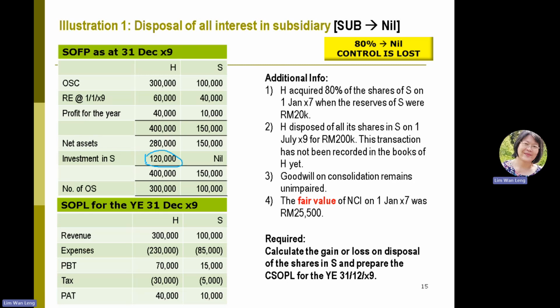So maybe I should put a note in the marking scheme for your midterm. Should the student put investment in the subsidiary at the consolidated SOFP, deduct 20 marks. Oh, question 1, you also didn't ask me how many marks. You are so kind.